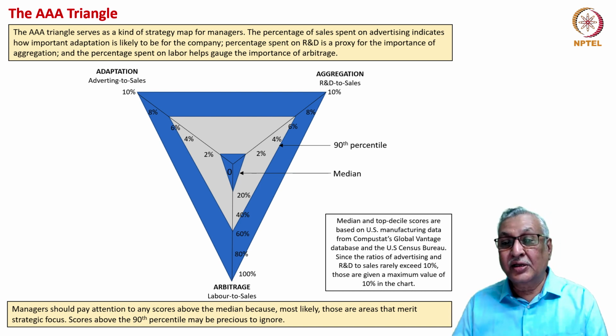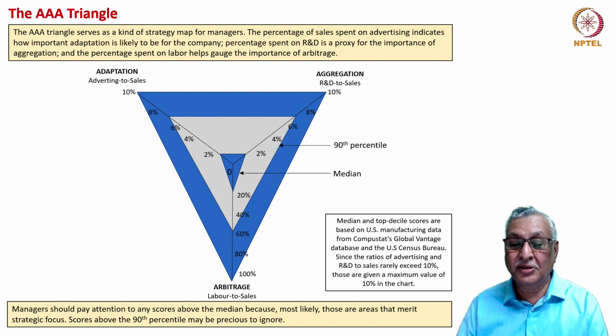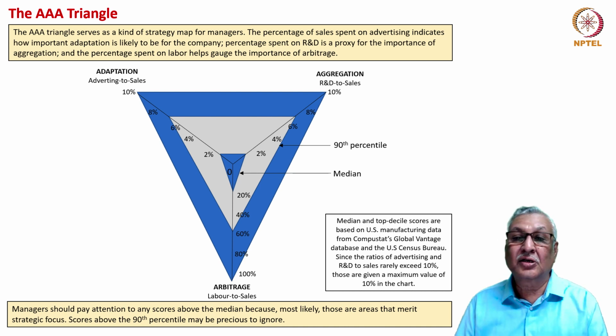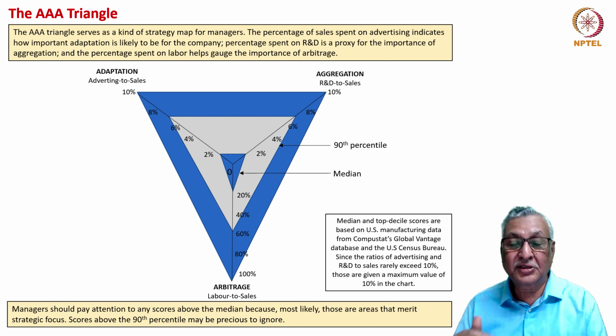In respect of aggregation, the percentage of R&D expenditure to sales is a good indicator of the aggregation capability. And in the case of arbitrage, the labor to sales percentage is a good indicator of arbitrage. When we look at products and companies situated in this, with zero as the central point, you can find a scale of how a company is moving on adaptation, aggregation, and arbitrage.